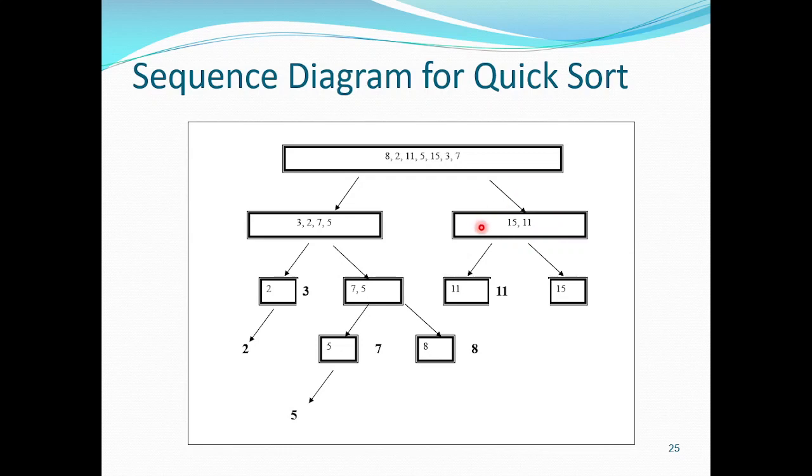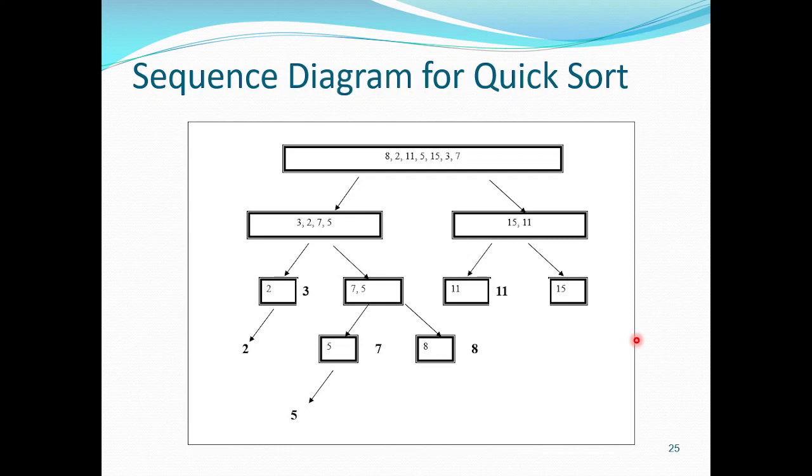Apply the same concept: we take 11 as a pivot, and then move 15 to the right side, and there's nothing on the left side. There's no more process to be done, and we can say that the list is sorted in ascending order.